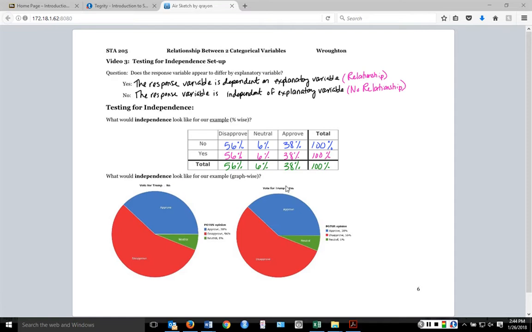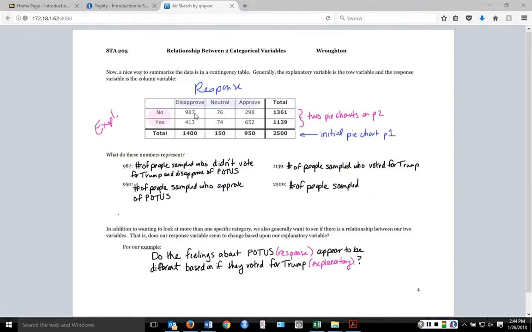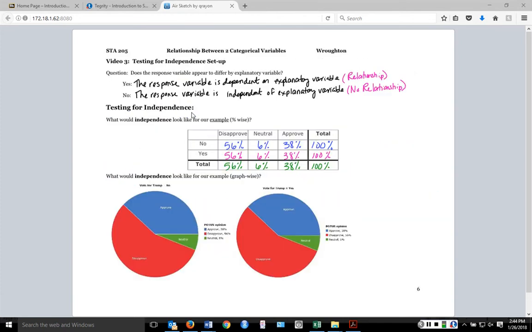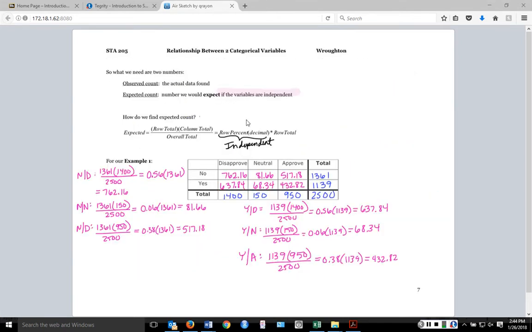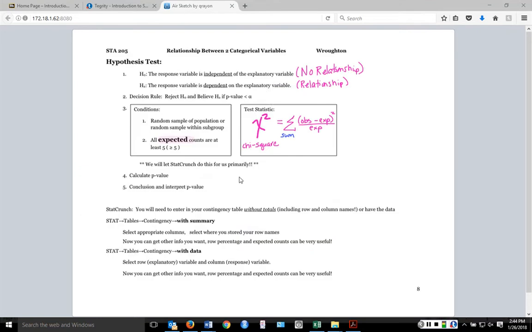And for each of those, I have a corresponding observed count as well. So I'm going to use this for my observed count for the first one. This is my expected count for my first one. I'm going to calculate this number, and then I'm going to do the same thing for all other 5 options and add them up, and we will do this in the next video as an example. But let's first have an idea of what I'm looking for.